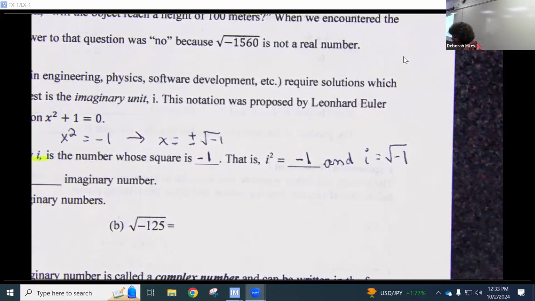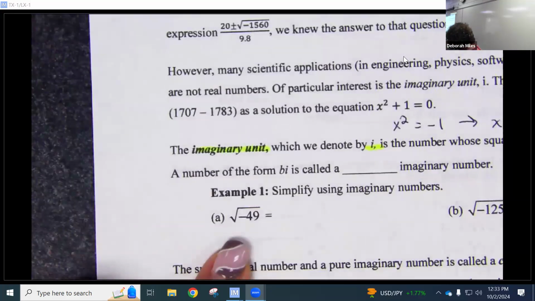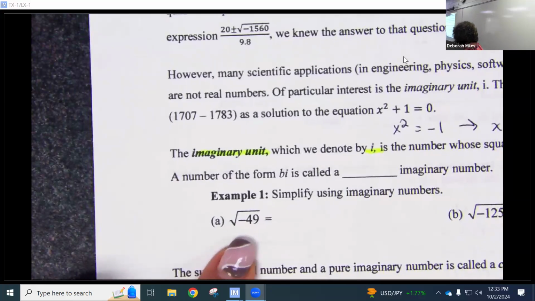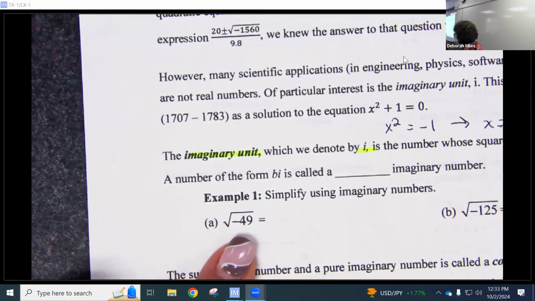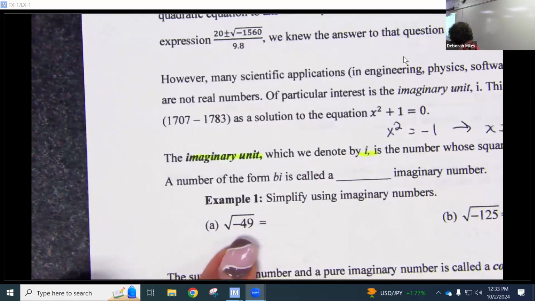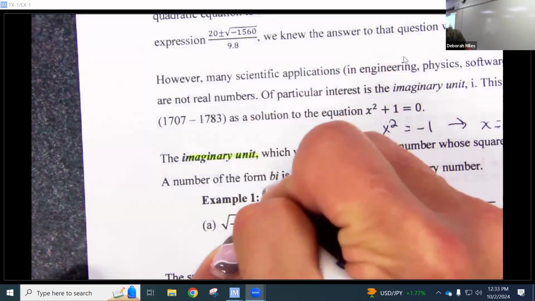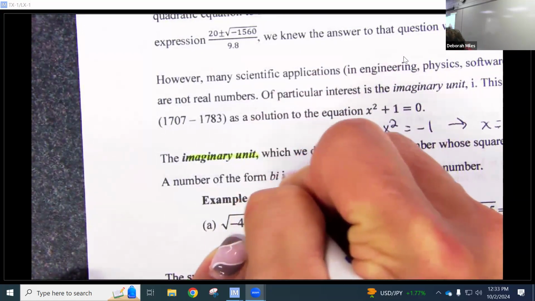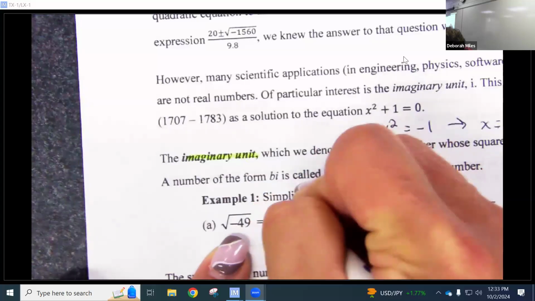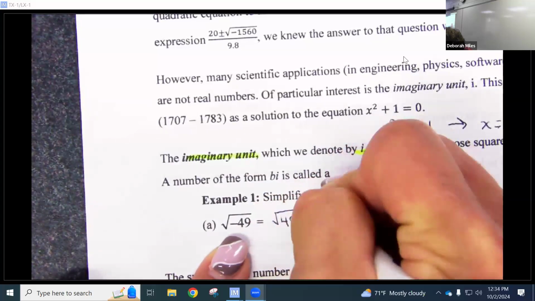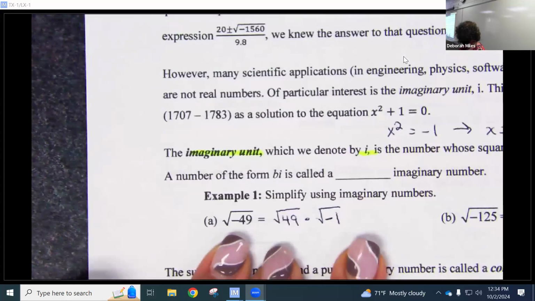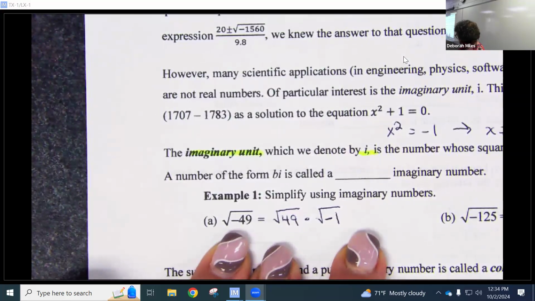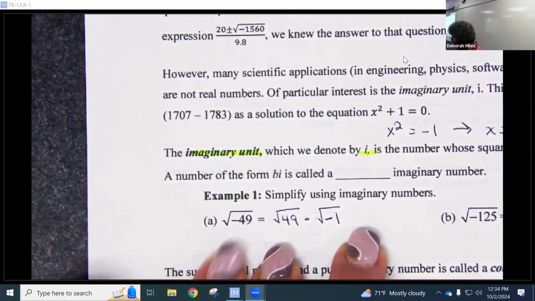For example, this A part. Square root of -49. Yesterday, I would have just said not a real number. But today I can say, you know what? That is the square root of 49 times the square root of -1. Is that a true statement? Yeah? And what can I put in place of square root of 49?